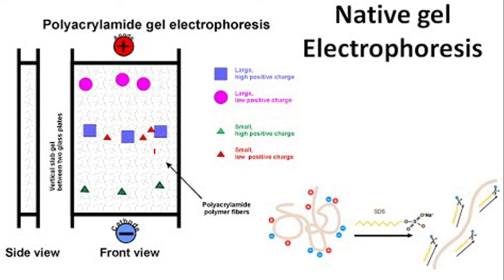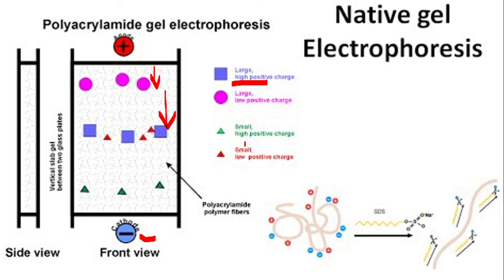This is a diagrammatic representation of native gel electrophoresis. Large high positive charge proteins can be seen here, while large low positive charged proteins can be seen here. Why? This is the positive charge electrode and here is the negative charged electrode. So when positive charge is more, they are repelled much faster, while when the positive charge is less, they are repelled but to a slower extent.